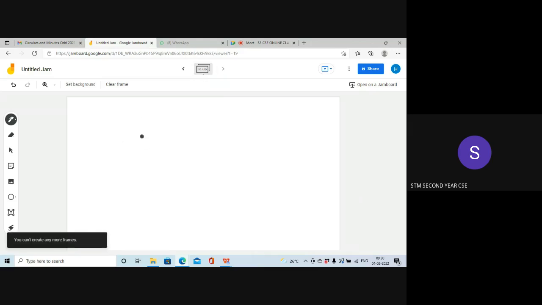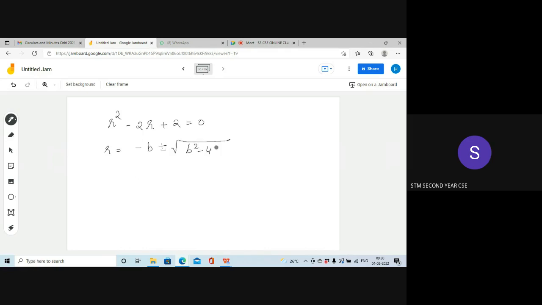What will you get when you divide? r^2 - 2r + 2 = 0. Now find the roots using the formula r = (-b ± √(b^2 - 4ac)) / 2a.